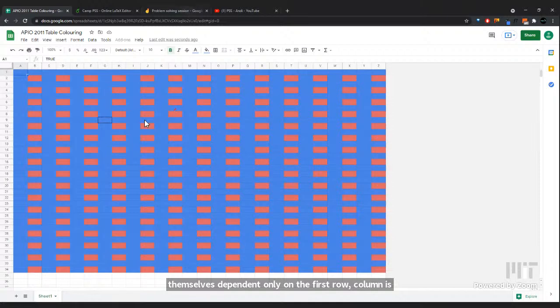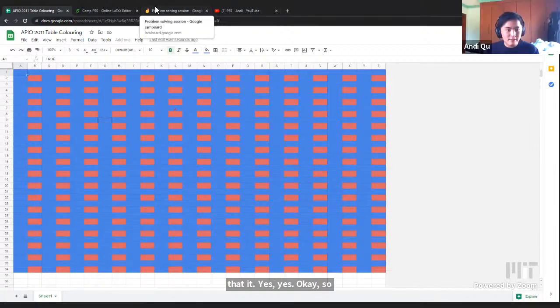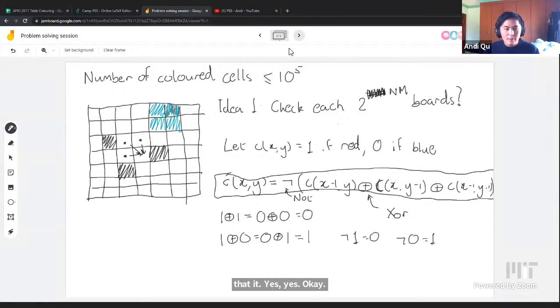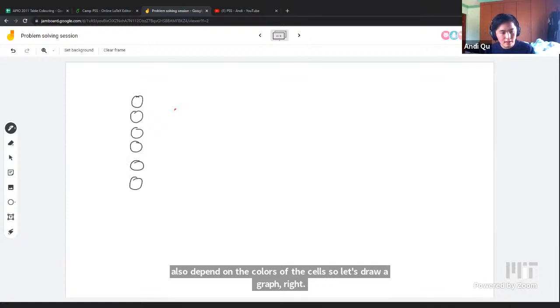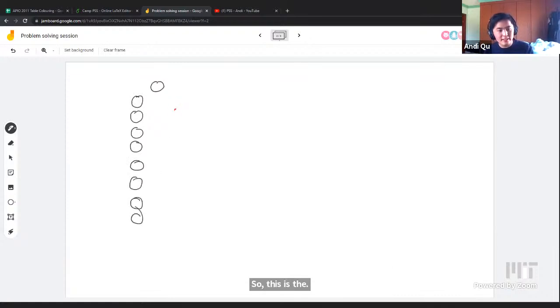Okay, got it. So let's see what this means. Since they depend on each other, the top row and the left column also depend on the colors of the cells. So let's draw a graph. This is the left column and this is the top row.